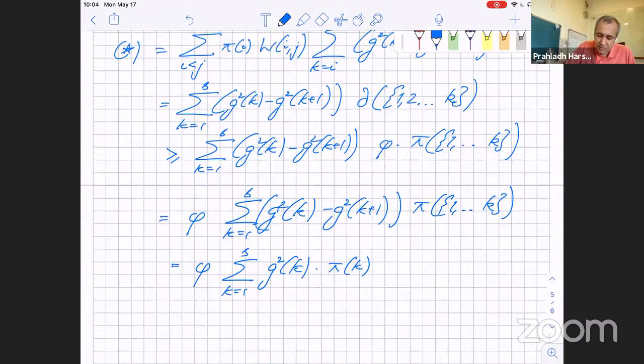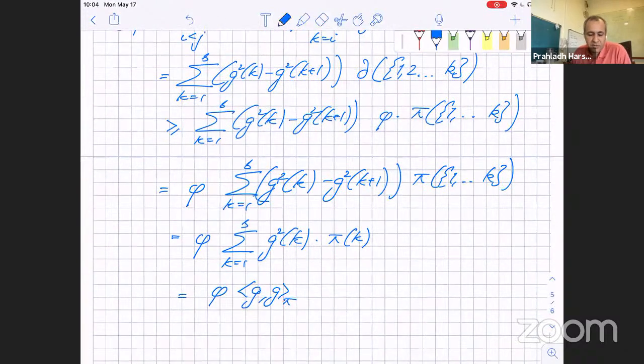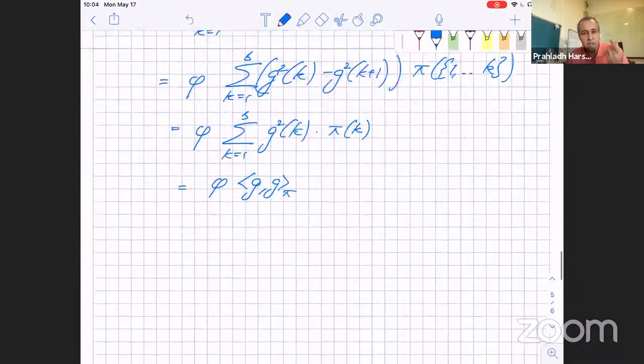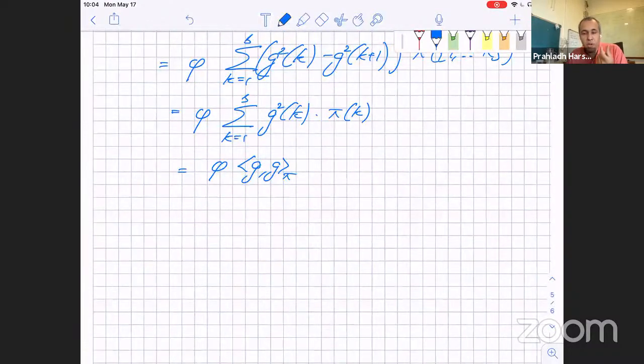But what is this? This is exactly phi of g. So the star quantity, we have lower bounded it by the norm of the proper function g.